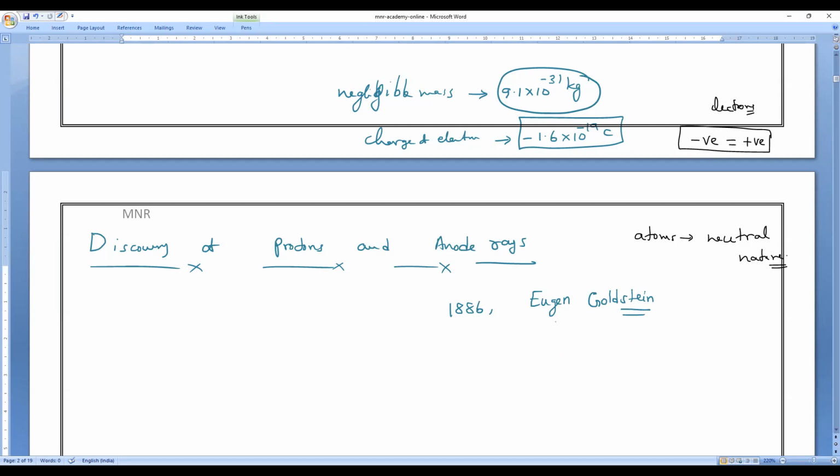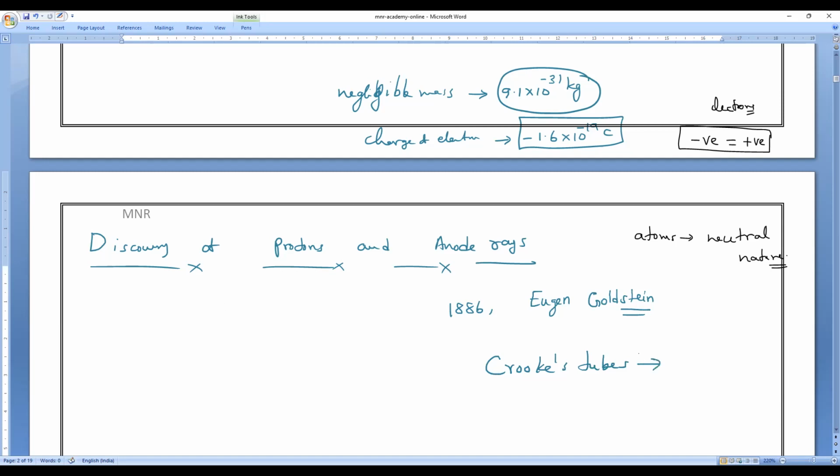He did the experiment in what tubes, everybody? Discharge tubes. He did the experiment in Crookes tubes, in which a beam of positive ions was created.